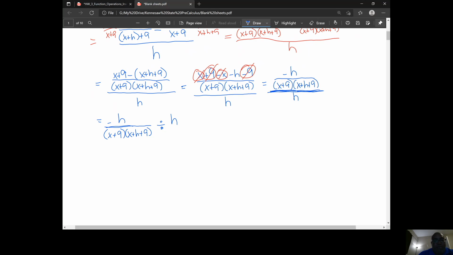If you remember anything about fractions, dividing by h is the same thing as dividing by h over 1. Dividing by a number is the same thing as multiplying by its reciprocal. So this is equal to negative h over x plus 9, x plus h plus 9 times 1 over h.